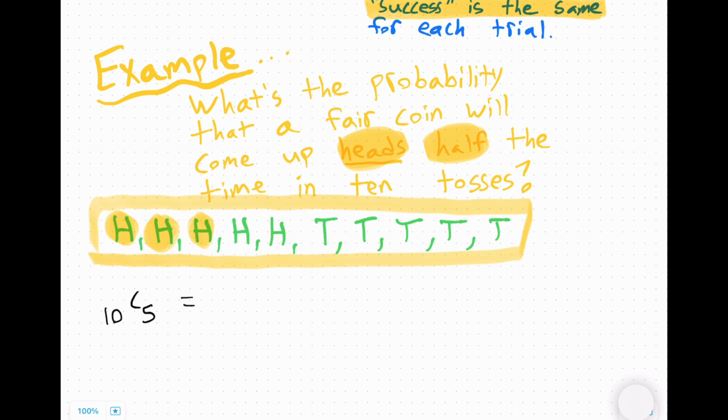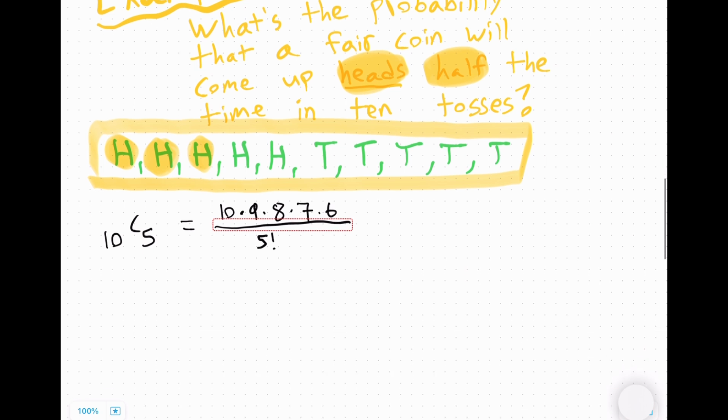Or in other words, we can first think about the permutations here. So we have 10 times 9 times 8 times 7 times 6. And then we want to get rid of the redundancies that are equivalent to each other, because we don't want the number of permutations but the number of combinations. So let's divide that by 5 factorial.